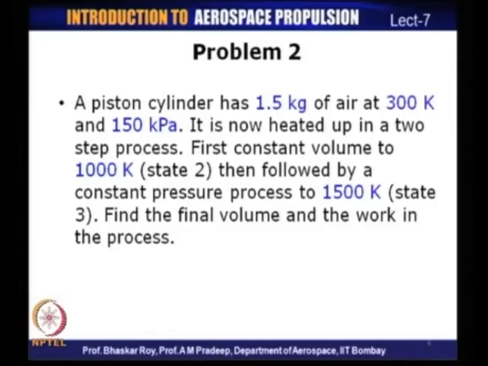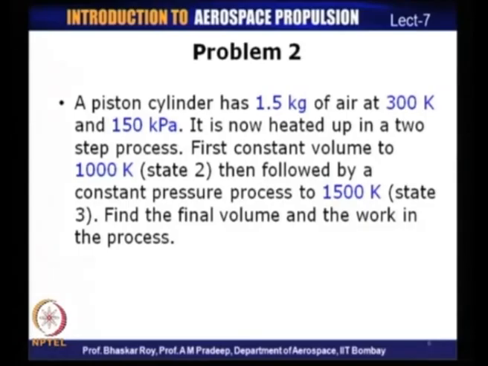In this case we have a system which carries out a process in two steps. In the first step, we have a constant volume process which takes it from state 1 to state 2, where state 2 is 1000 Kelvin. At state 1, the system was at 300 Kelvin and 150 kilopascals.